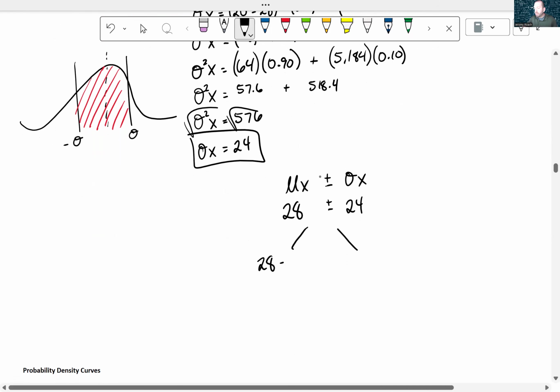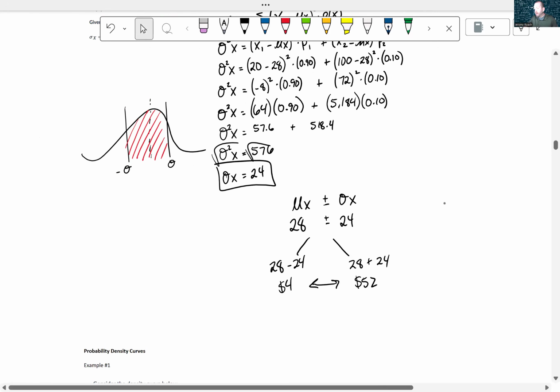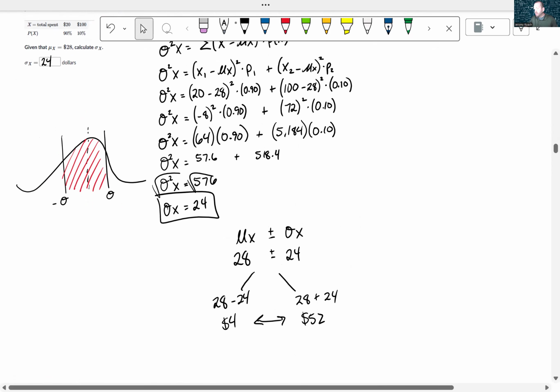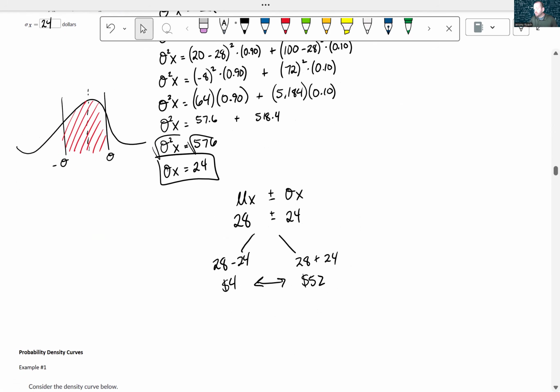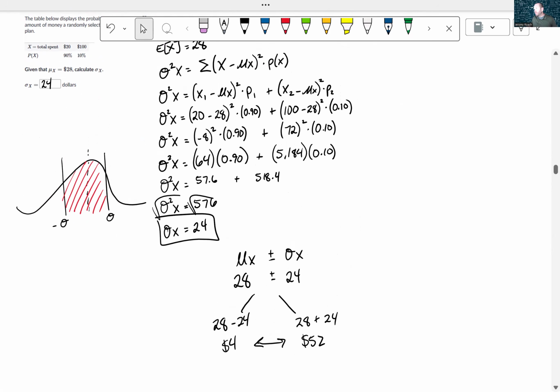That's 28 minus 24, which is $4, and 28 plus 24, which is $52. And so we can expect the range to be about between $4 and $52. All right, so that is everything on part one of random variables, covering discrete random variables.